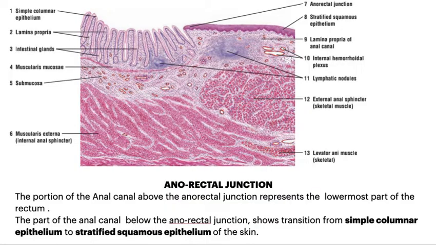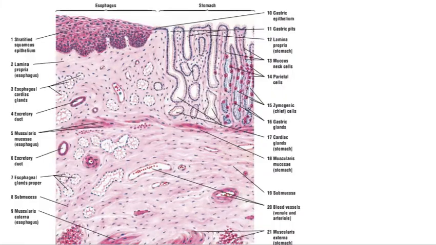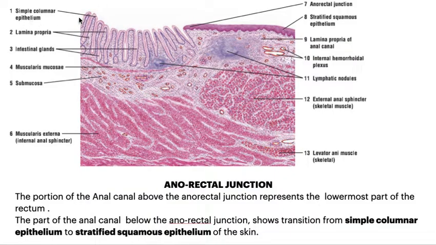Coming to the anorectal junction, as we saw previously in the slide of the esophagus, we saw that the stratified squamous epithelium abruptly changed into columnar epithelium of the stomach. Similarly, the simple columnar epithelium of the anus abruptly changes back into stratified squamous epithelium at the anorectal junction.